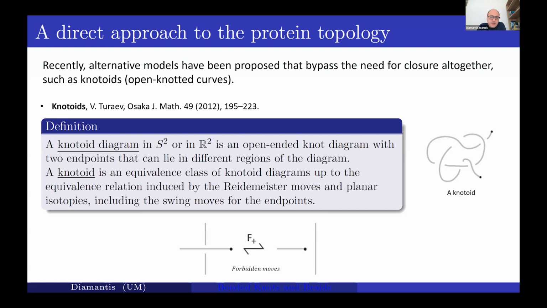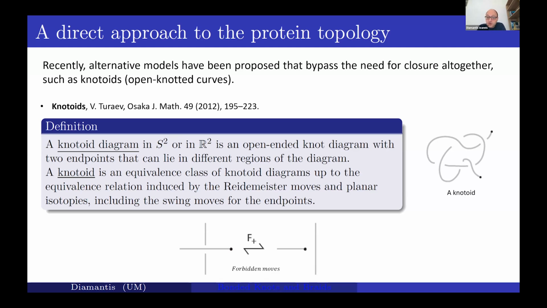This is extremely important because it makes perfect sense to try to study proteins using the concept of a knotoid, because you don't necessarily consider this closure. And I'm going to show you in a minute how important knotoids are, because they are very closely related to classical knots.